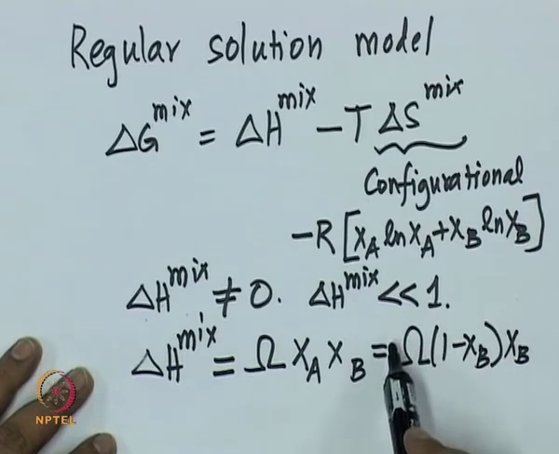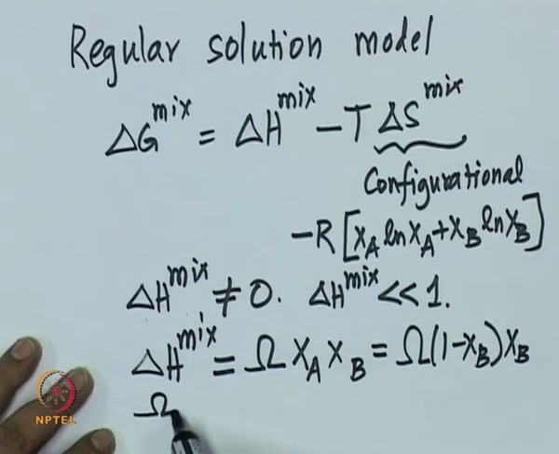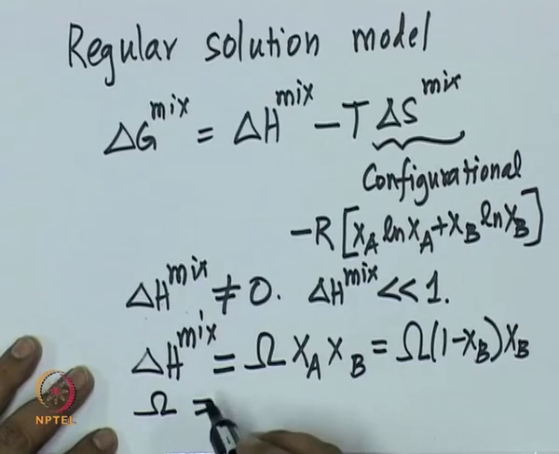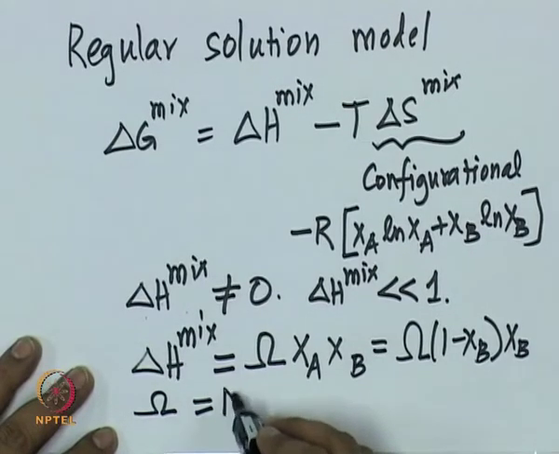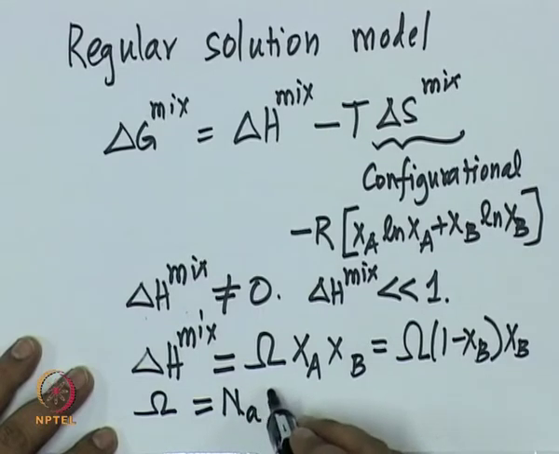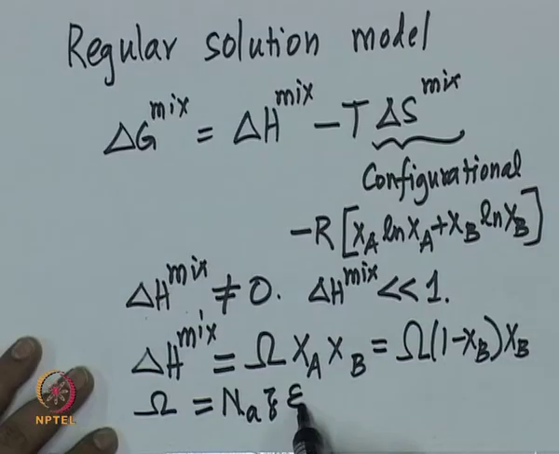Omega is known as the regular solution parameter, and we will do another tutorial to show that this indeed is so. It is nothing but the Avogadro number times Z, which is the number of nearest neighbors in the crystal structure that you are assuming, times a quantity called epsilon, and epsilon is nothing but the difference in the bond energy.